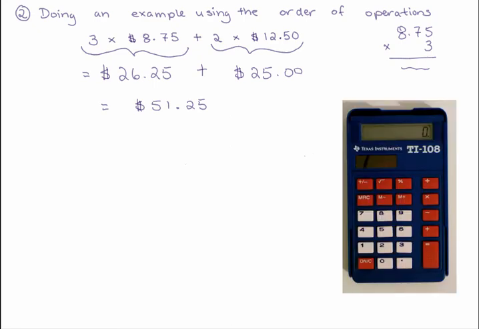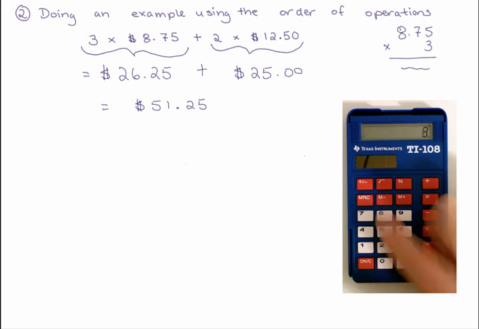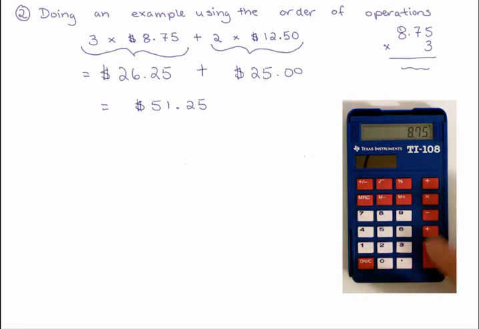Now, however, not all calculators do this. Suppose you now have this calculator and we try to do the same thing. What you're going to notice is that the answer comes out quite different. If I hit 3 times $8.75, and this time plus 2 times $12.50, and we hit enter, we're going to come up with the same answer that we came up with at the beginning of this video, $353.